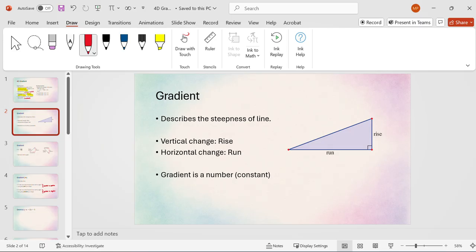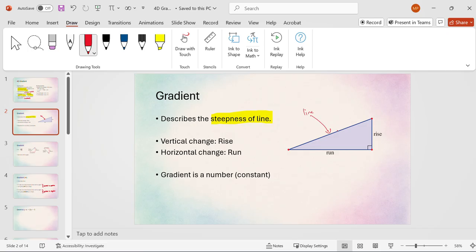So what's the gradient anyway? The gradient literally describes the steepness of a line. So over here, this is my line. Now, when we draw our line, you can pretty much make little or big right angle triangles depending on how big you wish to draw them.